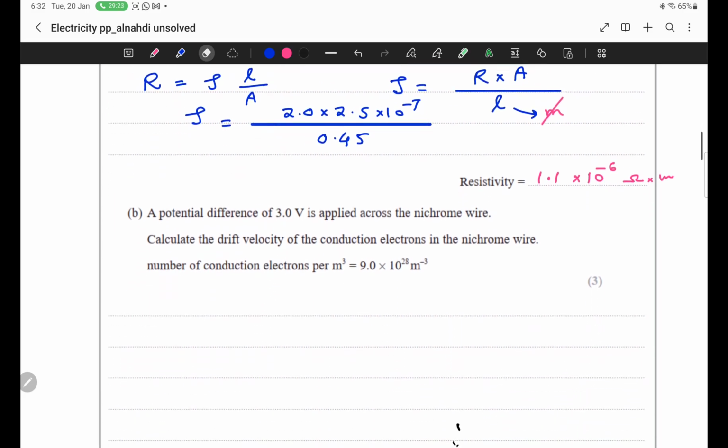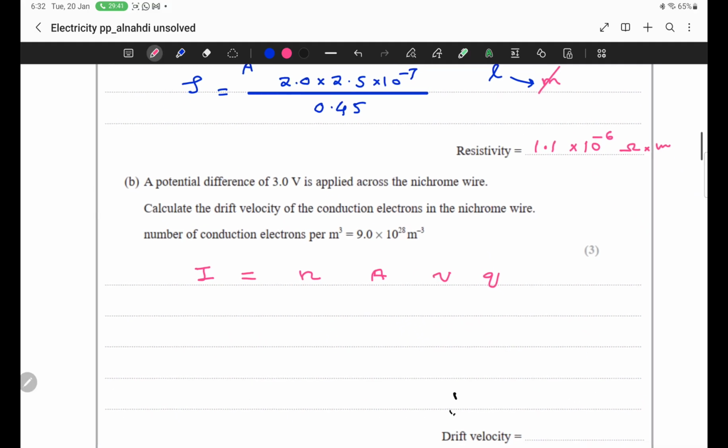And now the question is calculate drift velocity. And we have studied this topic. So the equation of drift velocity is I equals n A e v, or you can write q, because in the last question they wrote q. So n is the number density.